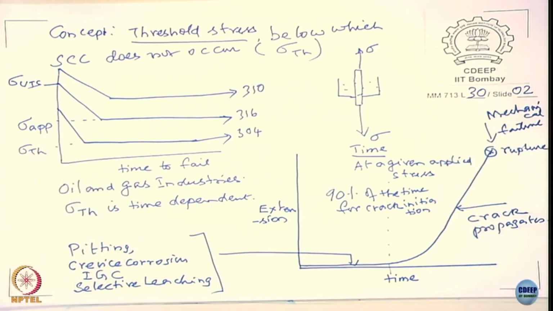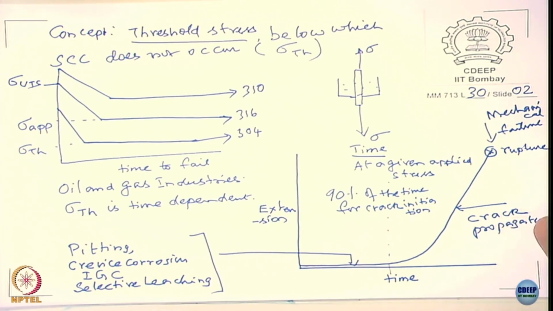Suppose I have taken, let us say, about a 1 centimeter thick component, it is possible that the stress corrosion crack exists up to 70% of the thickness, and the remaining 30% of the thickness fails by overload. I come to the point later, okay. So it is not necessary that the entire sample, the entire component, fails by stress corrosion cracking.